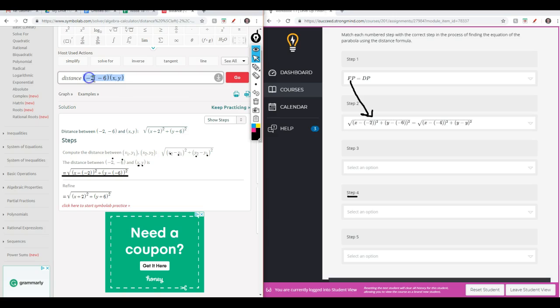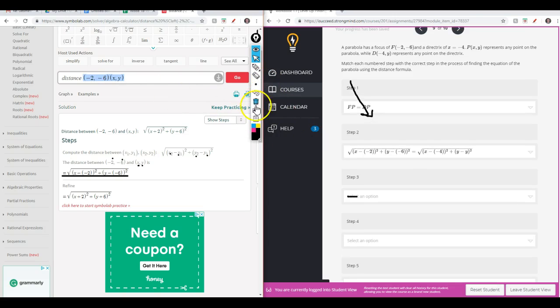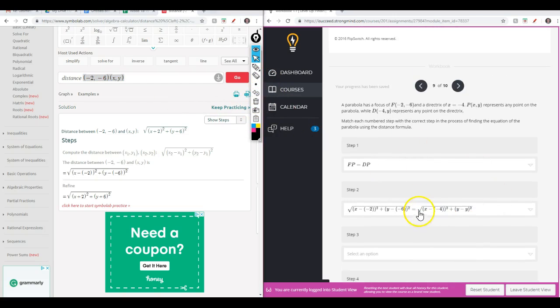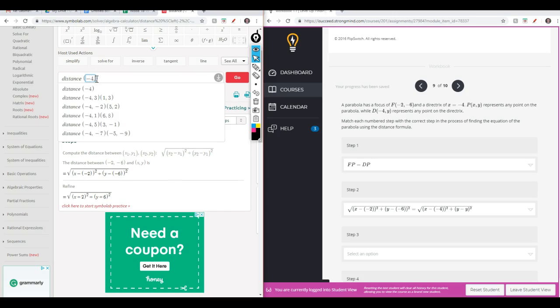So now we're going to do the distance for our D to P and see if that matches this right part. D had the coordinates of -4, y, and P again was x, y.